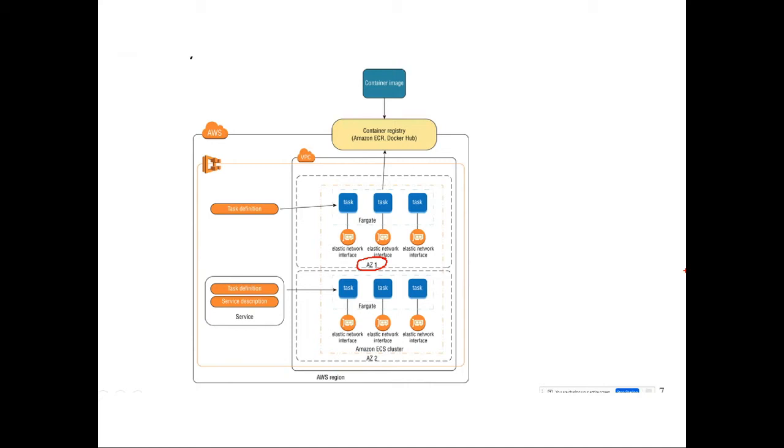And then here you can see we have them in two different availability zones. We're already very familiar with the availability zone, okay? So here first is the region, and we just choose the availability zone. And then here is the Elastic Network Interface, and here is the task, okay?